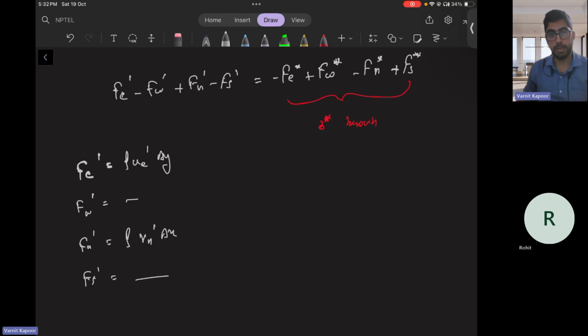If you subtract one from the other, that is UE minus UE star, you will get the prime value.